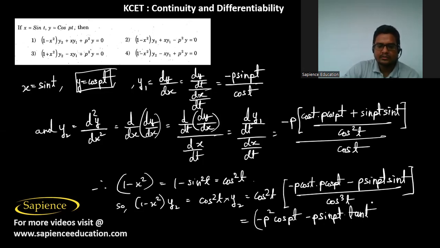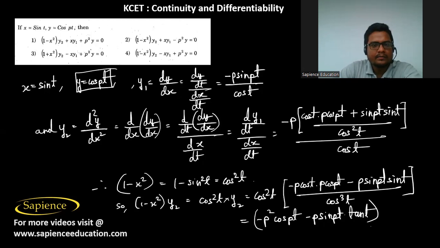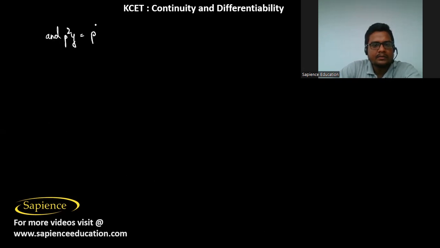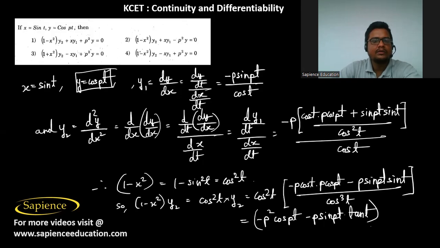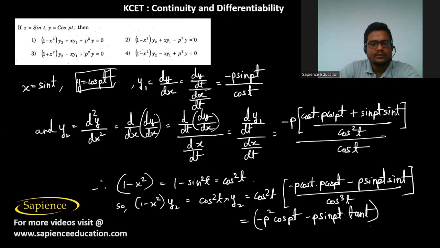Okay. So this is coming as 1 minus x square into y2, and then p square y will be p square cos pt, and x into y1, that will be equal to sin t into y1, that is minus p sin pt by cos t.